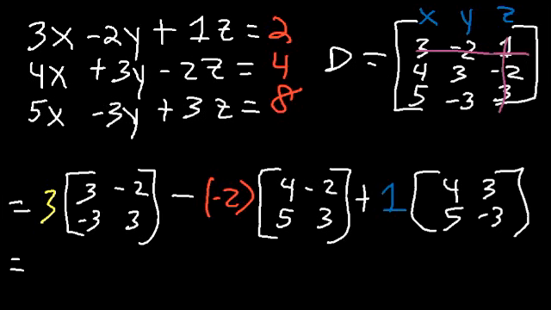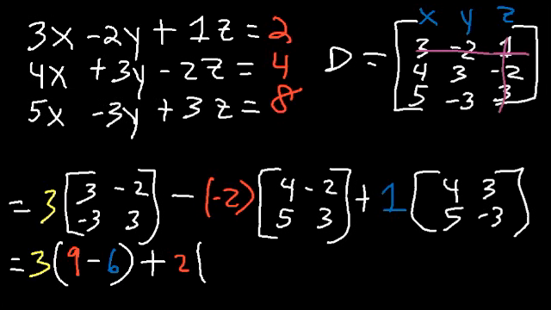So now let's find the determinant of each of the 2x2 matrices. Let's start with the first one. It's going to be 3 times 3, which is 9, and then minus -3 times -2, which is +6. And then negative times -2 is +2.